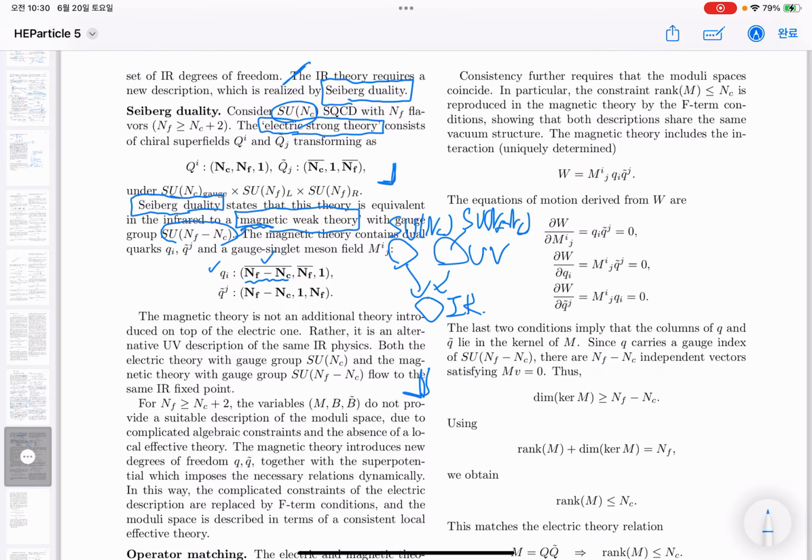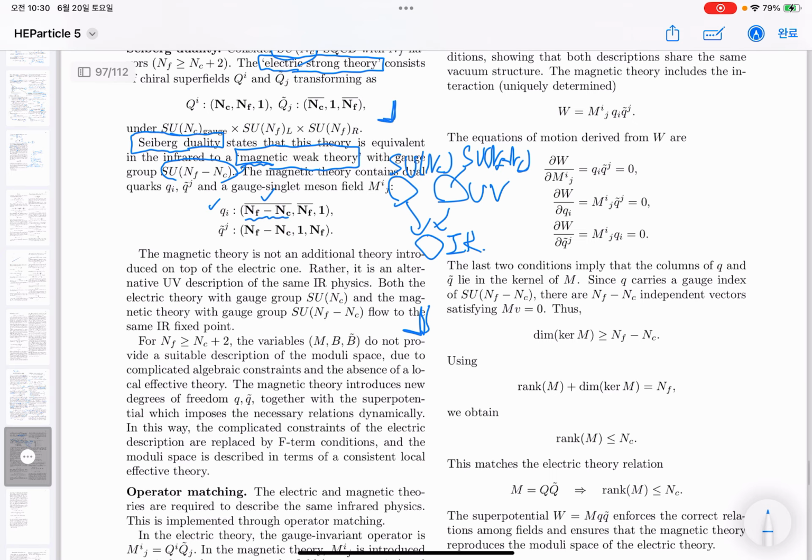So again, the variables of the confinement operators cannot provide a proper description of the moduli space in the IR theory due to the complicated algebraic constraints and dependent relations. So there is no locally effective theory. But if we introduce the magnetic weak theory, then new degrees of freedom appear, the dual quarks, small q and q tilde.